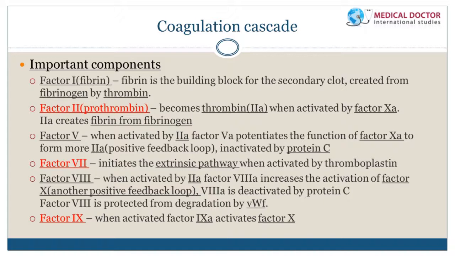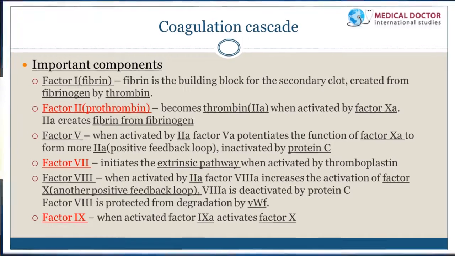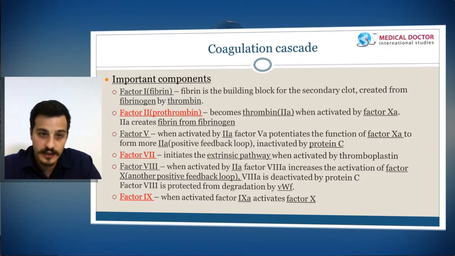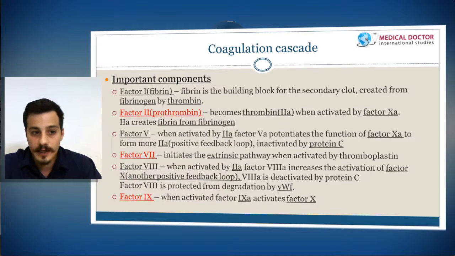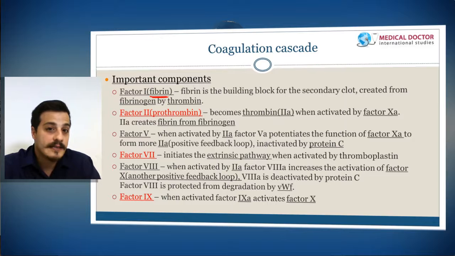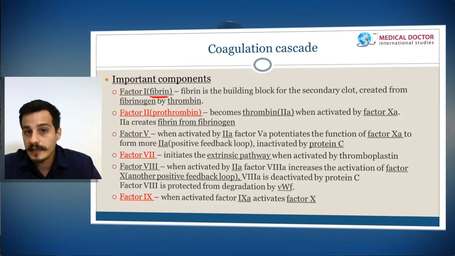So let's go over the different factors, the important ones in the coagulation cascade. We start with factor 1, which is actually fibrin. Fibrin is the building block of the secondary clot. It forms the fibrin mesh, and it is created from fibrinogen by the action of thrombin.